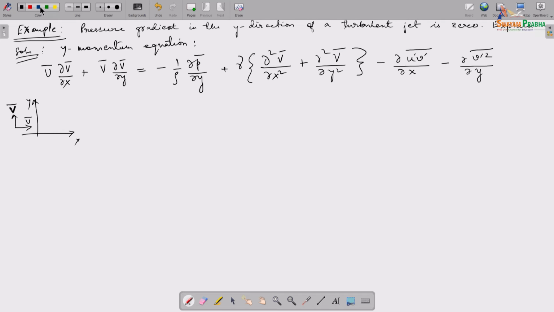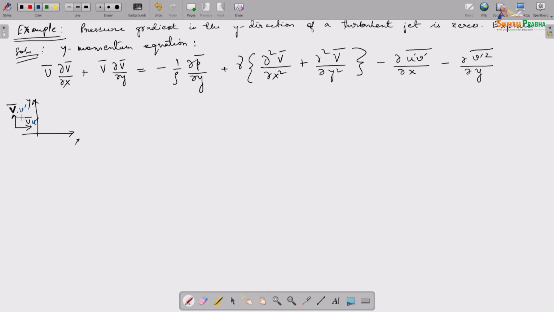Right, and since it's a turbulent flow, by definition, these are the mean quantities, and these are the turbulent quantities. These are velocity components that we are looking at here.